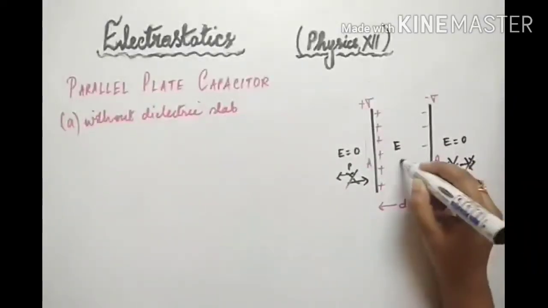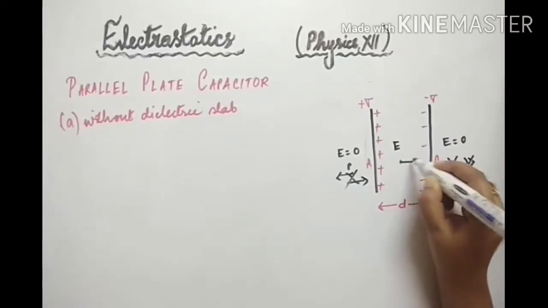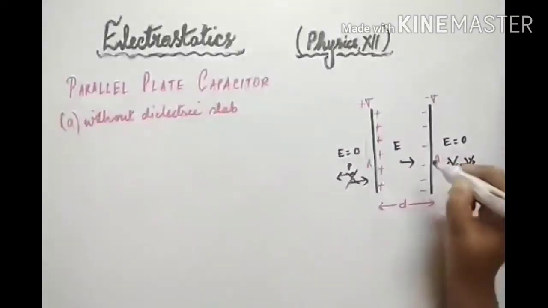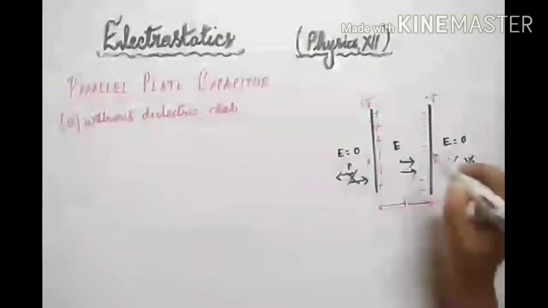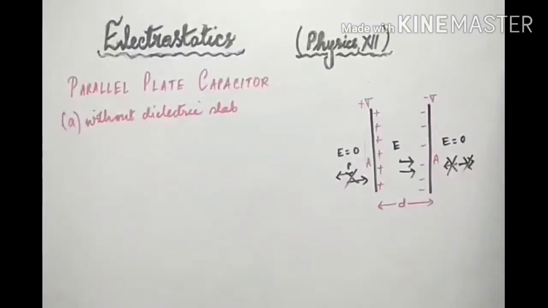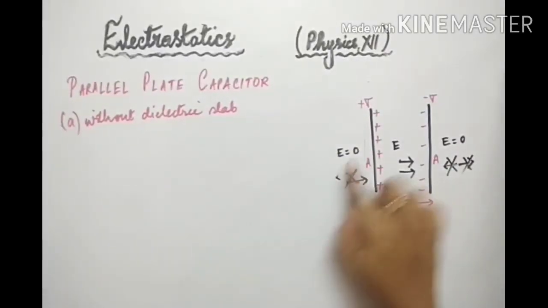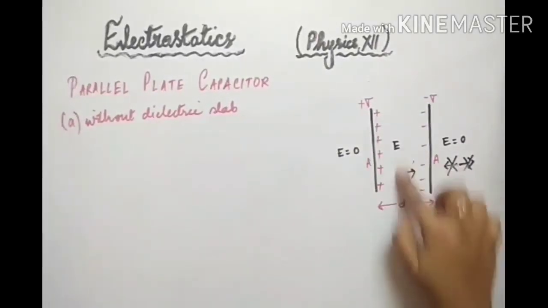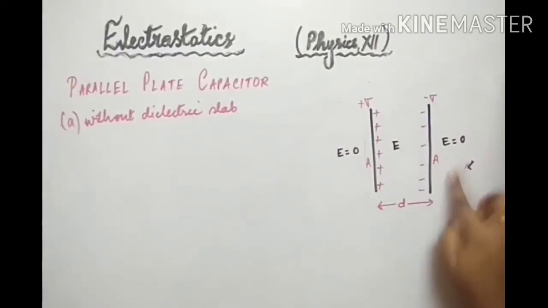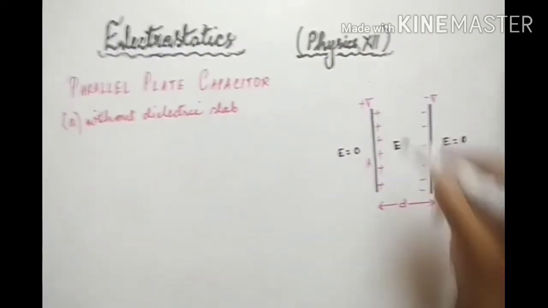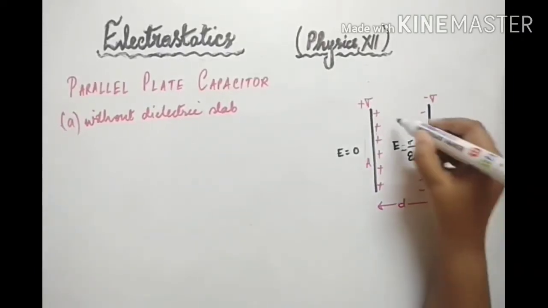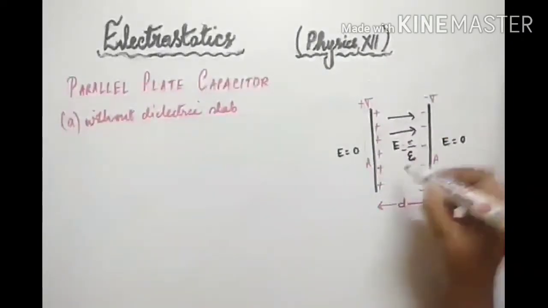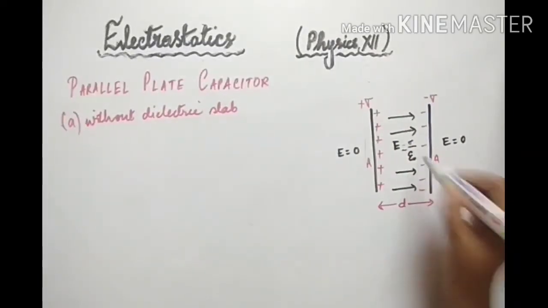But here, if you consider any point, the electric field due to this one will be along this direction, and due to this plate will be along this direction. So here the electric field gets added up and you get a net field. Thus we can see electric field exists only inside the plates. Here it is found to be sigma by epsilon naught, and the direction is from positive to negative.